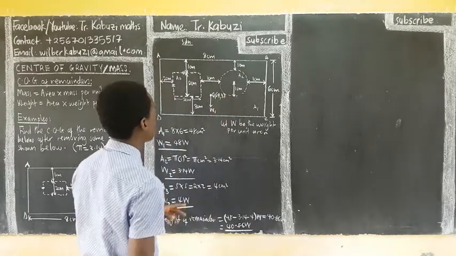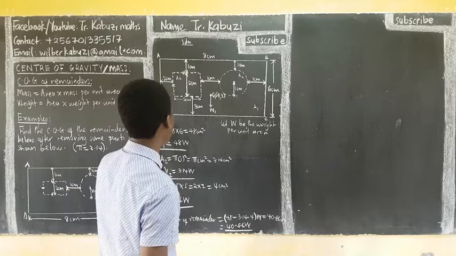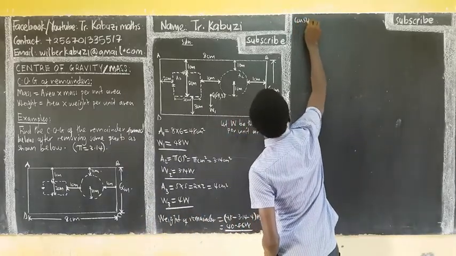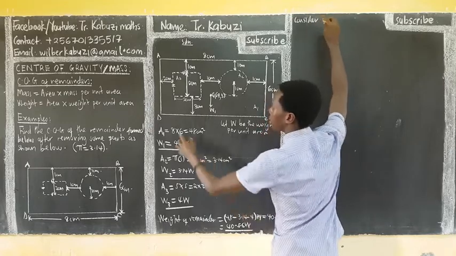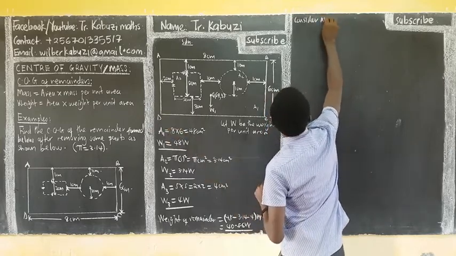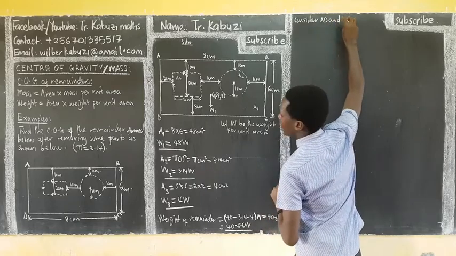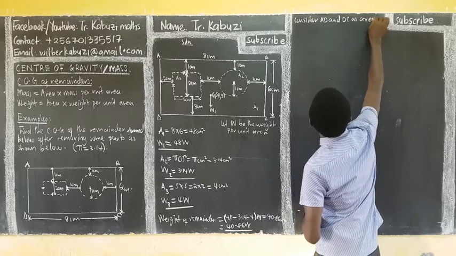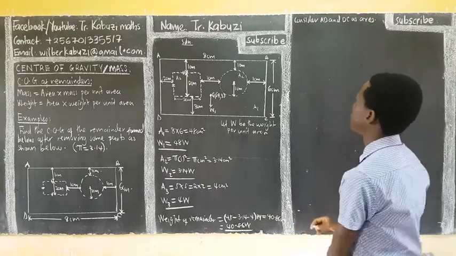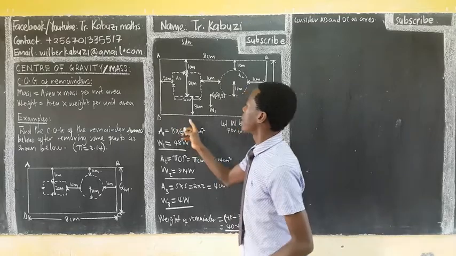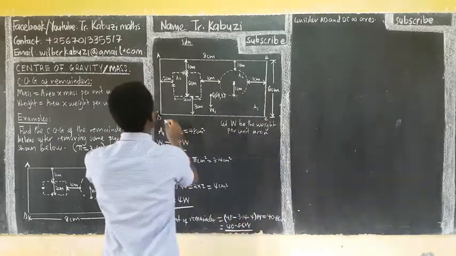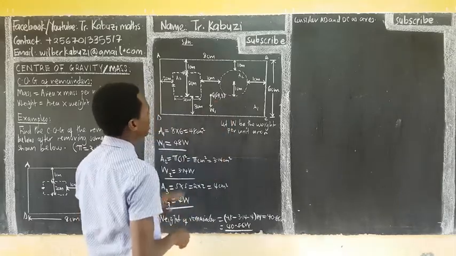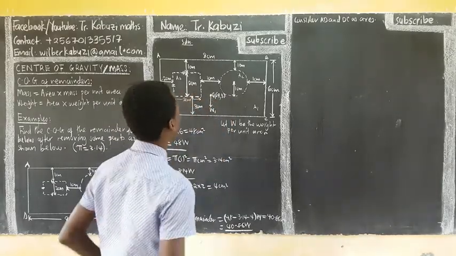Now, you have to state what you are considering: consider AD and DC as axes. So from here up to here is 4, then from here up to here is 3.